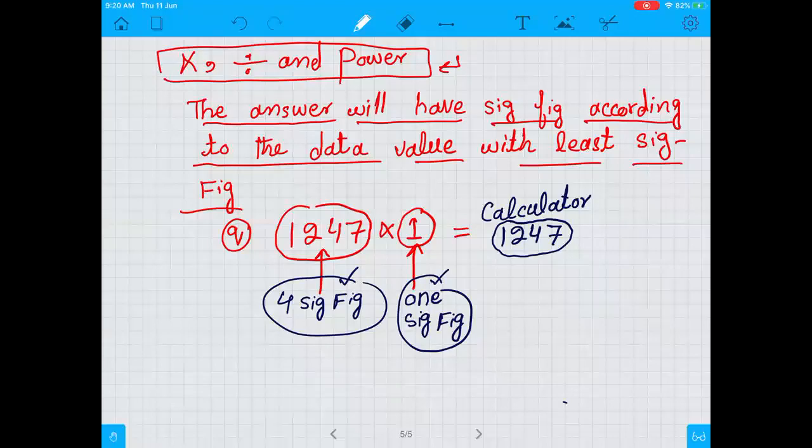However, sometimes you are allowed one extra significant figure.